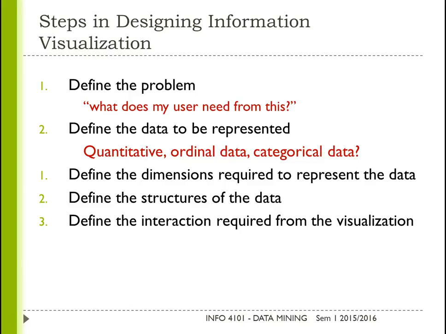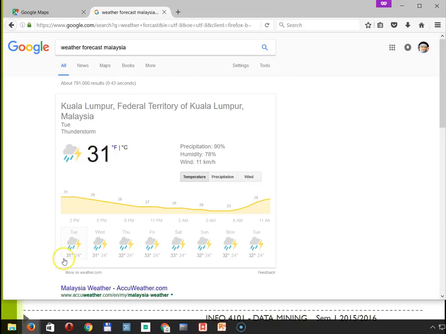And the structure of the data, okay, that is one of the things that you have to consider. And the interaction required. What I mean by the last one, the interaction required, say we have this data. I'm sure you have seen it before. This is the forecast of weather, and I'm focusing on the weather in Malaysia.